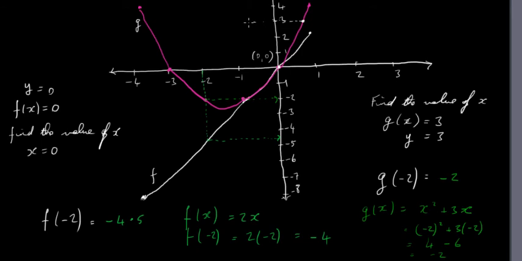And we're also going to go over to this side here, because that point there will also have a y value of 3. So this point here will have a y value of 3, and we've got to find out what this x value is. This point here on our purple graph, or on our function g graph, will have a y value of 3, but what's its x value? That's what we were being asked. What is the x value here and here?